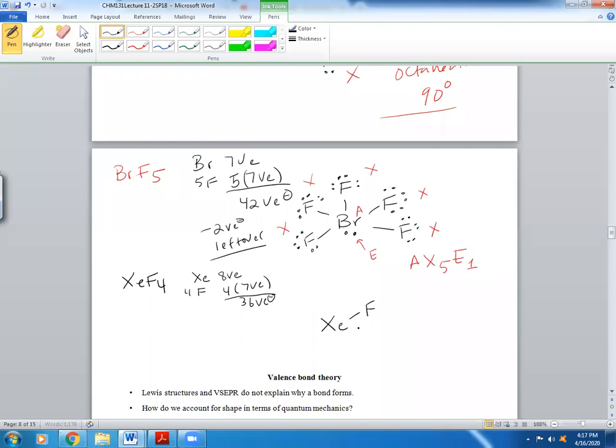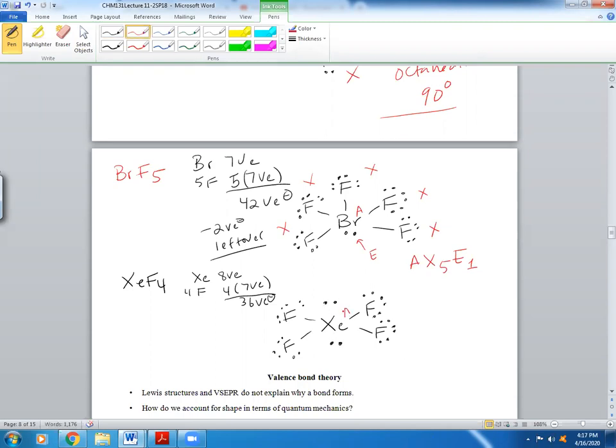So XeF4 looks like this. You give them 8. And you put the other lone pairs on here.